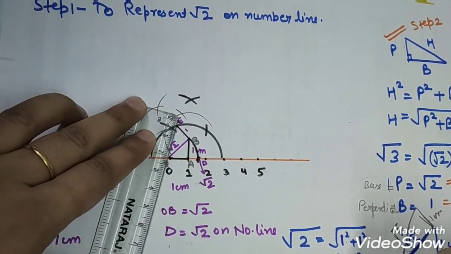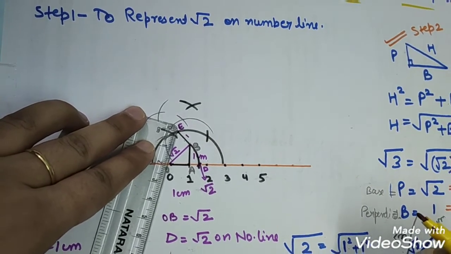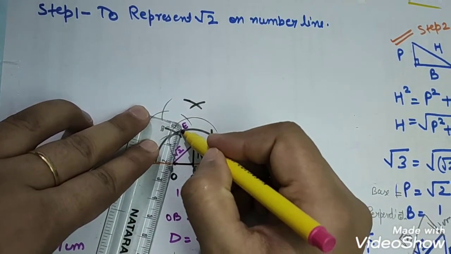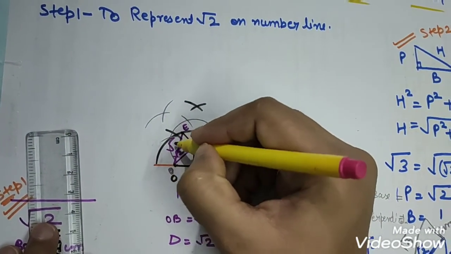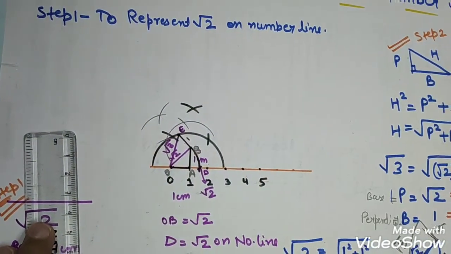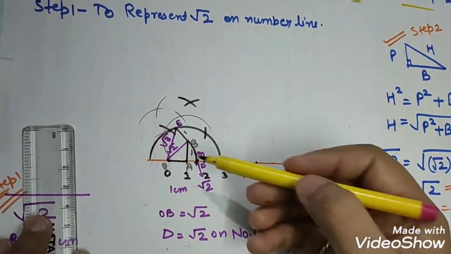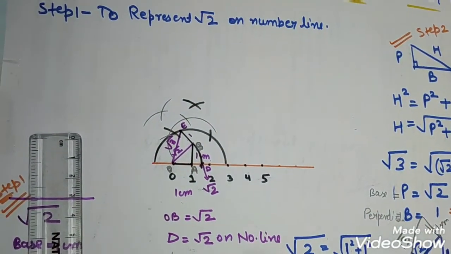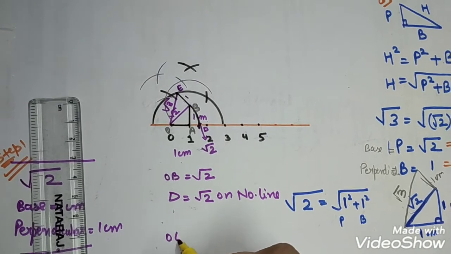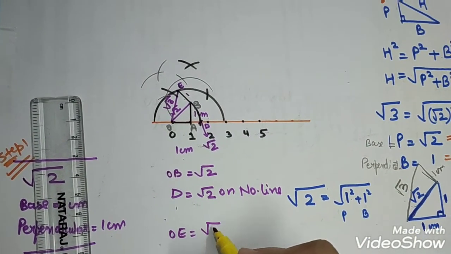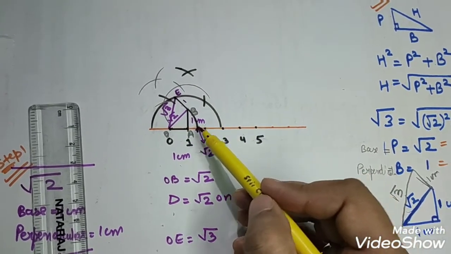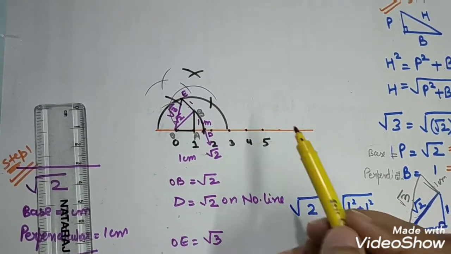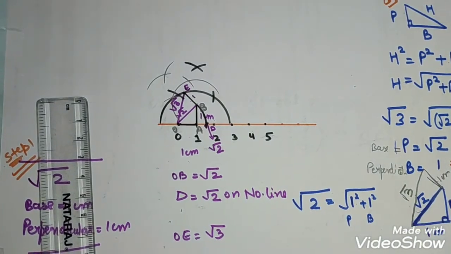Now E to O, join E to O, and you will notice this is of length √3. Got it? This E to O, that is OE, is of length √3, and now we have to draw a point that will intersect the number line at √3.